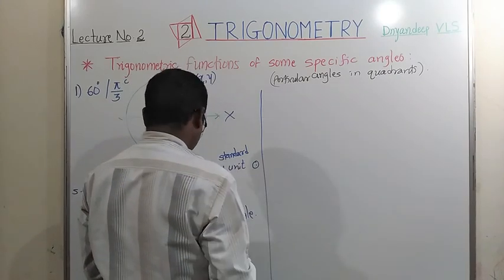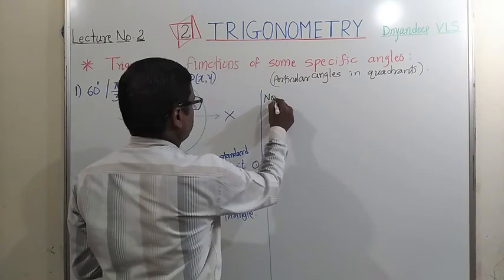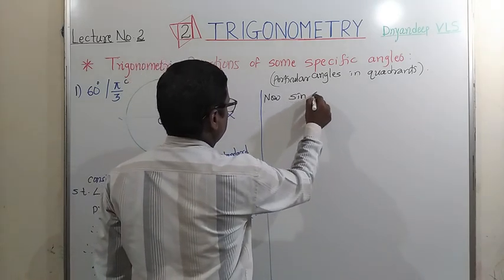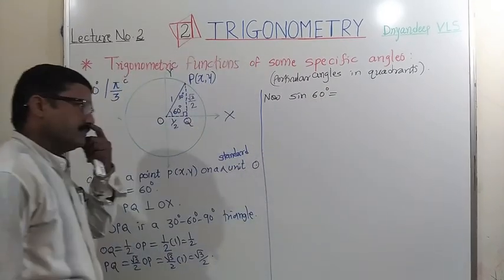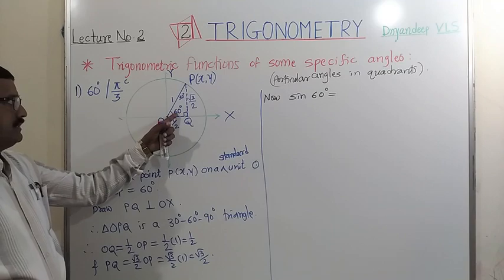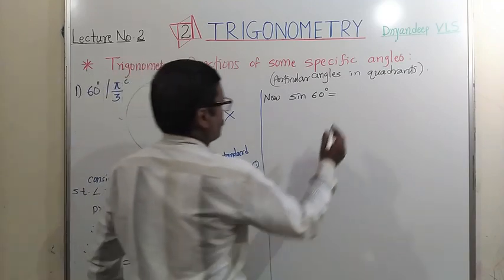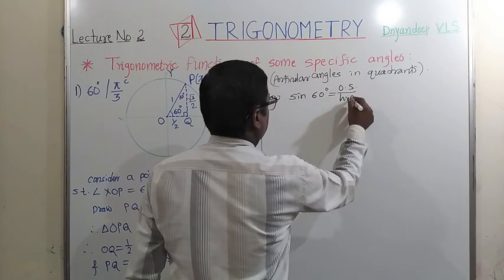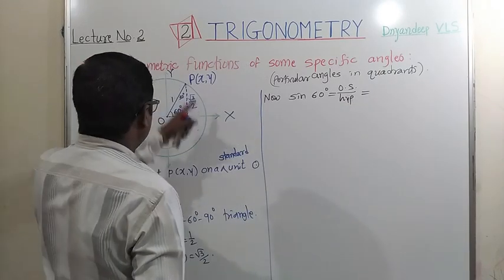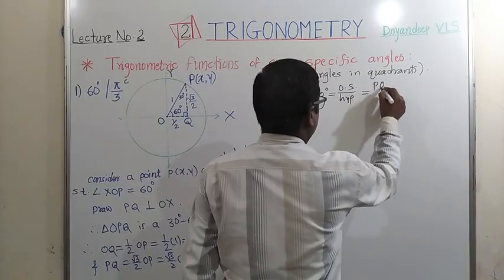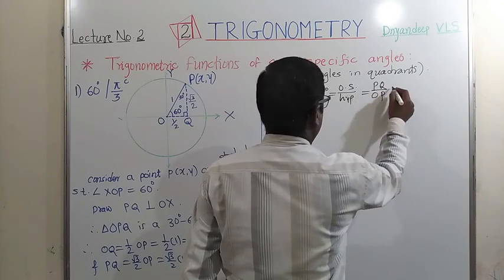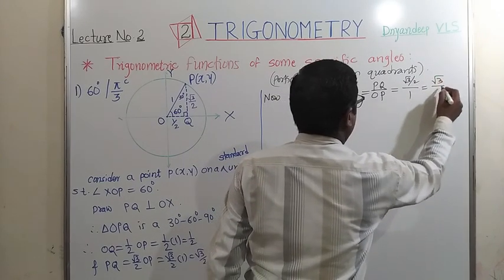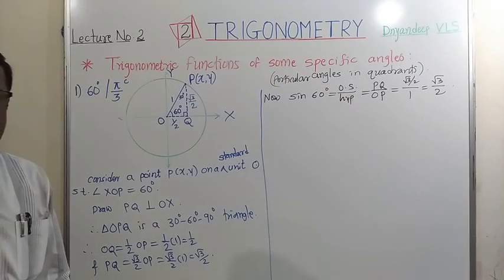Now sin 60. Sin theta is opposite side upon hypotenuse, that is equal to PQ upon OP, and it is equal to root 3 upon 2 upon 1, that is equal to root 3 upon 2, that is sin 60.